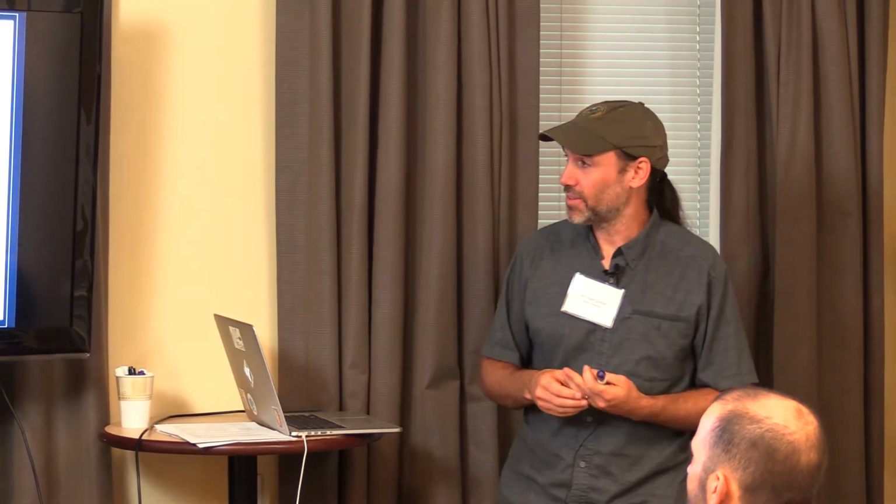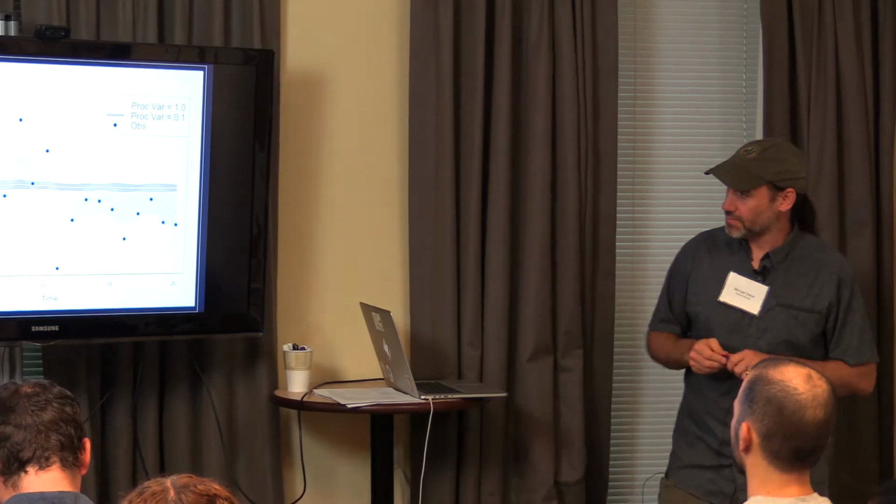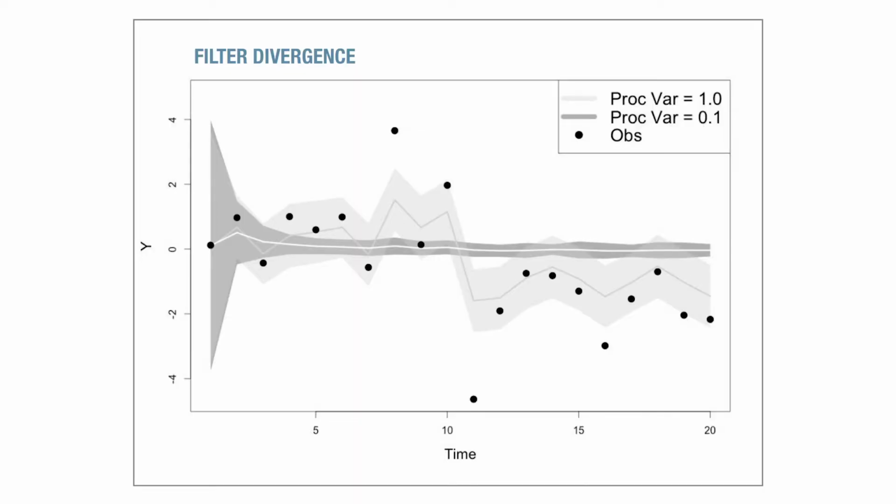Another thing to be aware of in all forms of data assimilation, not just ensemble ones, is this idea of filter divergence. So here I've set up a simple data assimilation example. I don't even remember if this was Ensemble or Kalman Filter or whatever. But the idea is I started off 2 versions of the assimilation at the same starting point, same initial conditions, pretty high uncertainty.